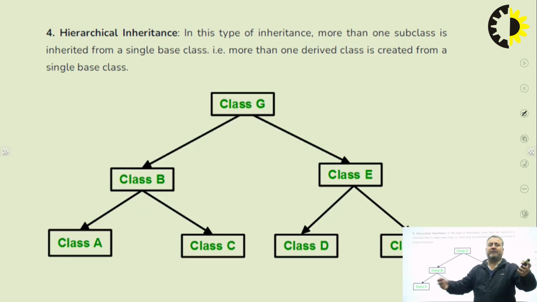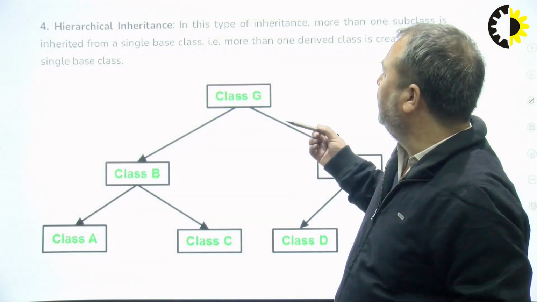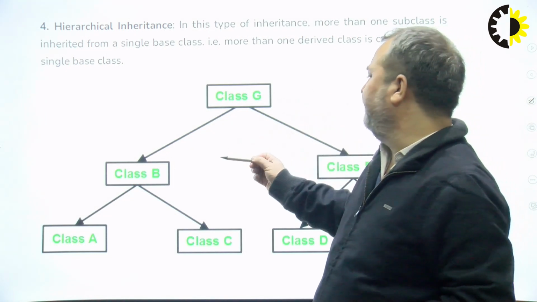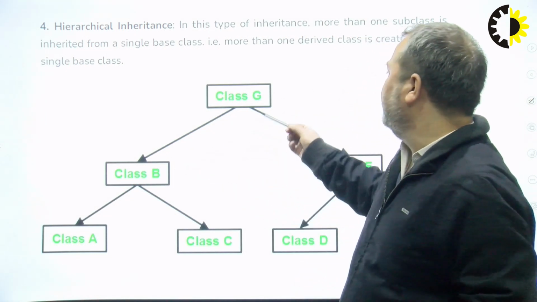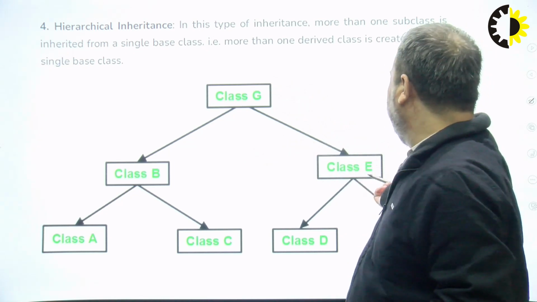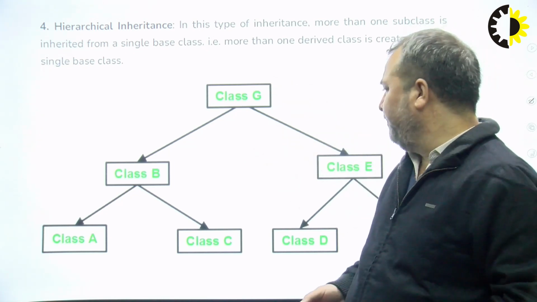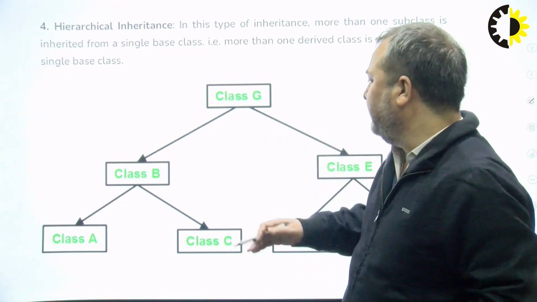Hierarchical inheritance is like what we see in the data structure tree, right? Hierarchical means just like a tree. So class B is going to inherit class G. Here class C is also going to inherit class G, and so on.